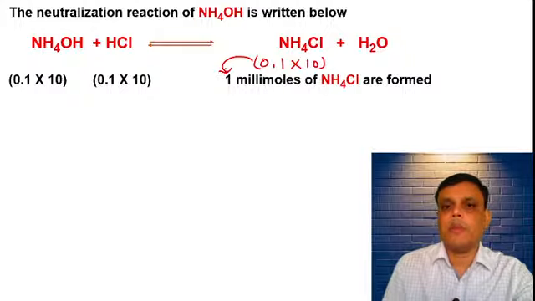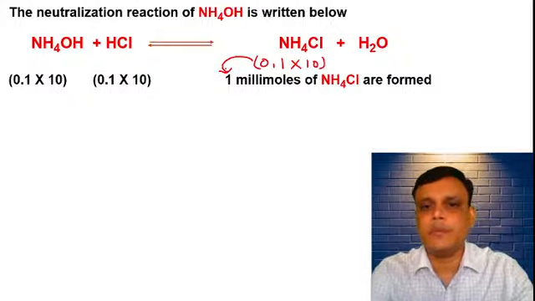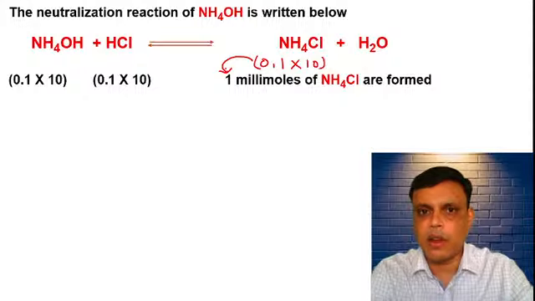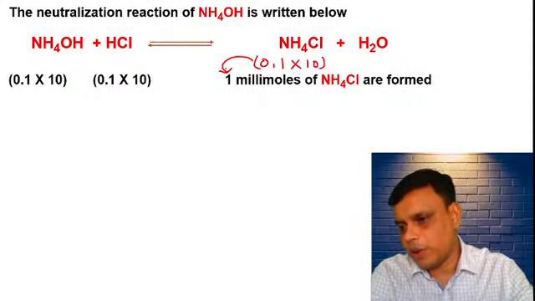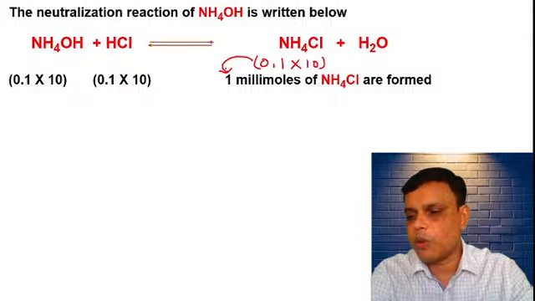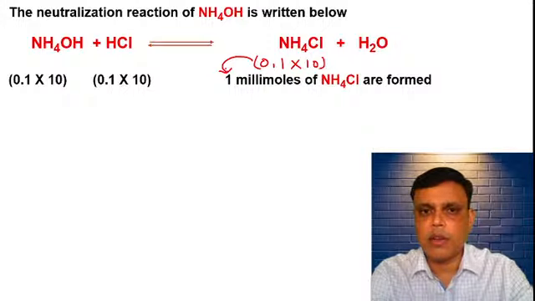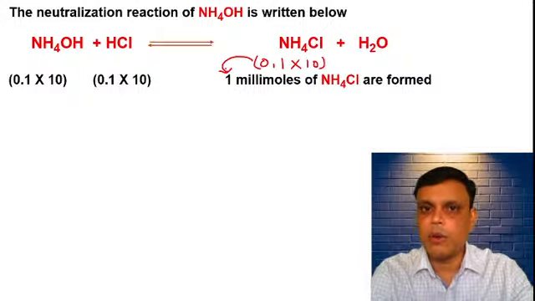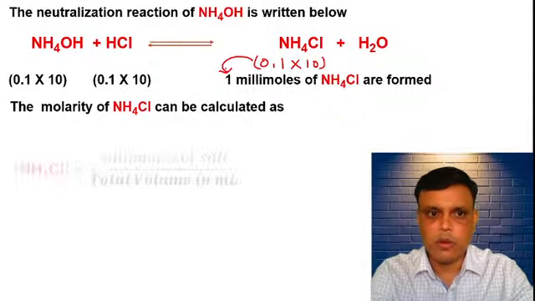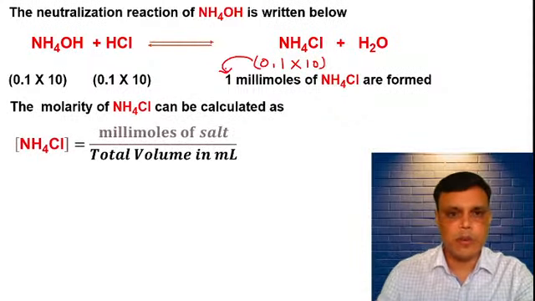So next point is we have to find out the normality of ammonium chloride. And how will you calculate the normality or molarity of ammonium chloride? The molarity or normality of ammonium chloride is equal to millimoles of ammonium chloride formed divided by total volume.